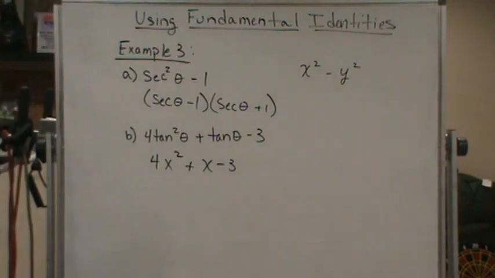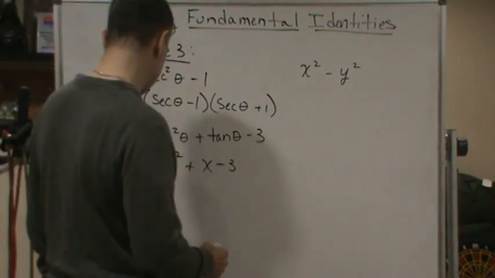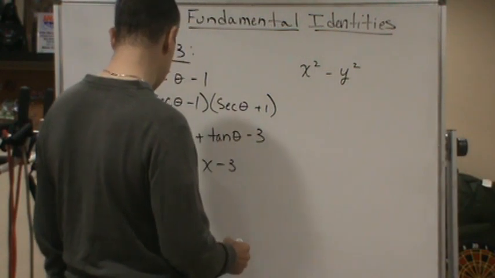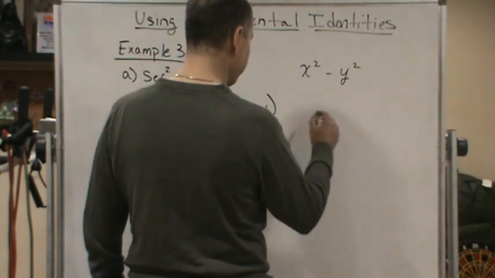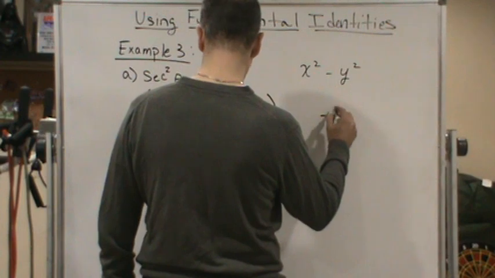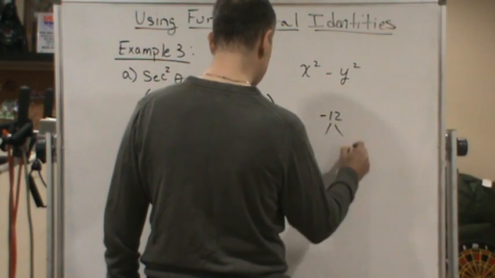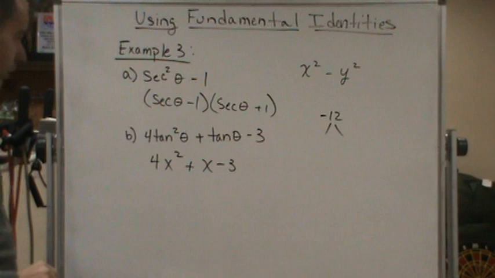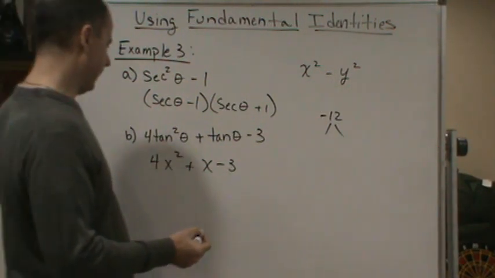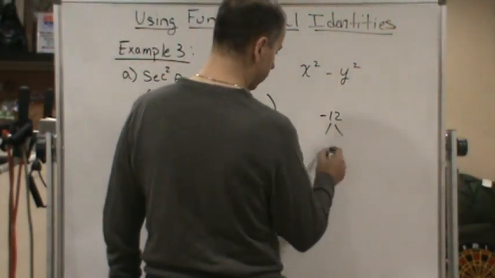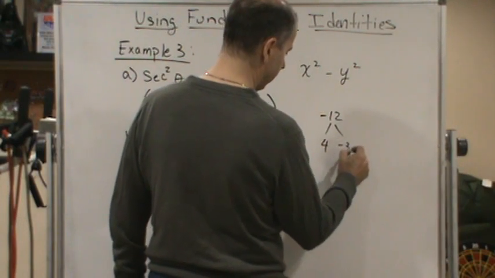And so if I use this, then what do I get? I get negative 12, right? And so, two factors of 12 that give me 1. Well, it's going to be 4 and negative 3.